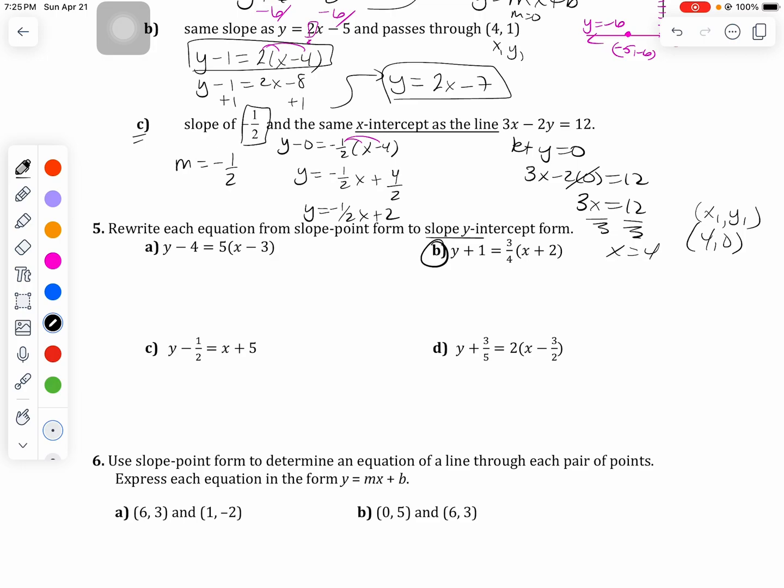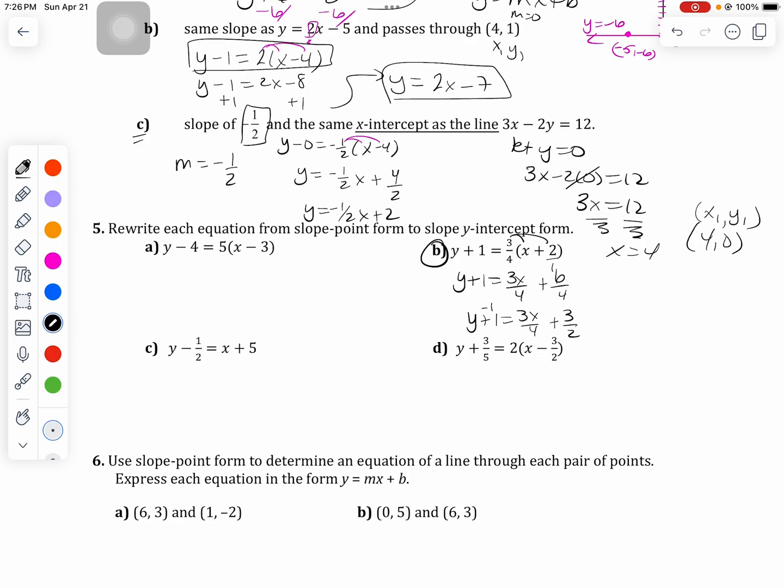Now, to change this into slope y-intercept form, we're going to distribute that 3/4 into the x plus 2. We get y plus 1 is 3x over 4 plus 6 over 4. Multiplying numerators and denominators, we get y plus 1 is 3x over 4 plus 3 over 2 if we want to reduce that.